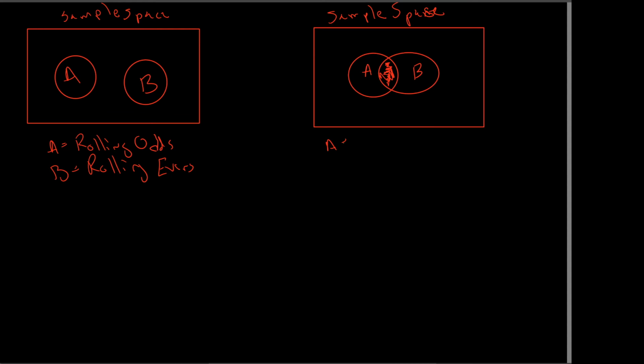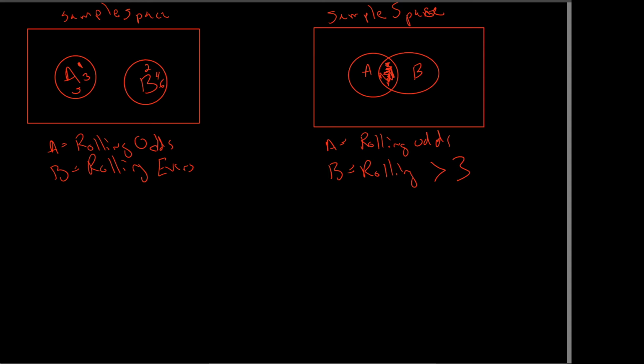If here, event A is rolling odds and event B is rolling greater than 3, well, there is an overlap, because 5 is an odd greater than 3. So this would have the outcomes 1, 3, and 5. This would have the outcomes 2, 4, and 6, and there's nothing shared.